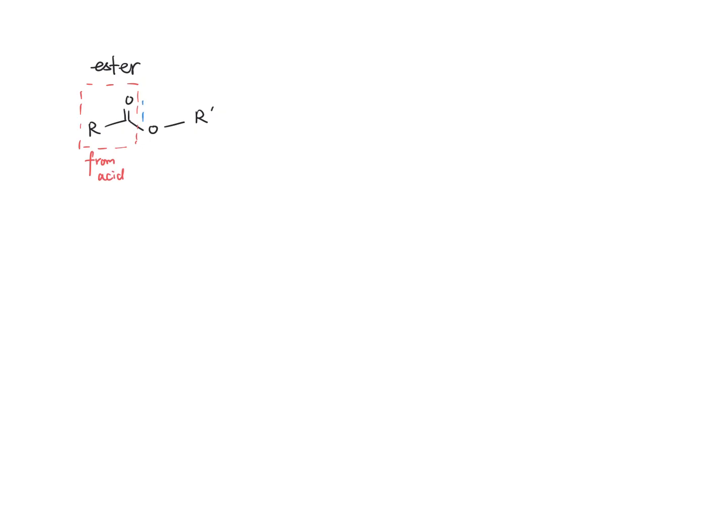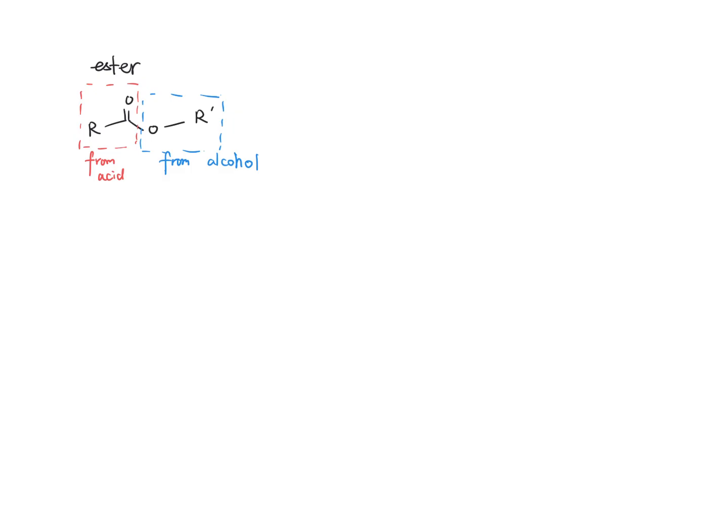And the other side is the R prime group with oxygen. This is from the alcohol. This is how an ester can be made, by reacting carboxylic acid with alcohol through dehydration to form the new carbon-oxygen bond to form the ester group.